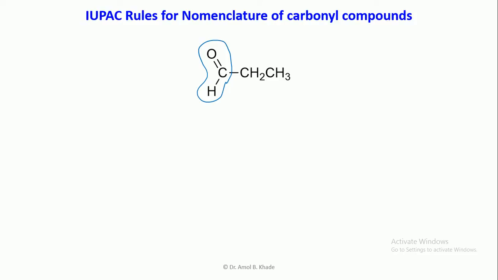The numbering will start with the aldehydic carbon, then this will be 2 and this will be 3. So the carbon chain is a propane. We need not indicate the position of the aldehydic group. So what could be the name of this compound? Because of the aldehyde group, the suffix we have to use is AL. So the name of the compound will be propanal.